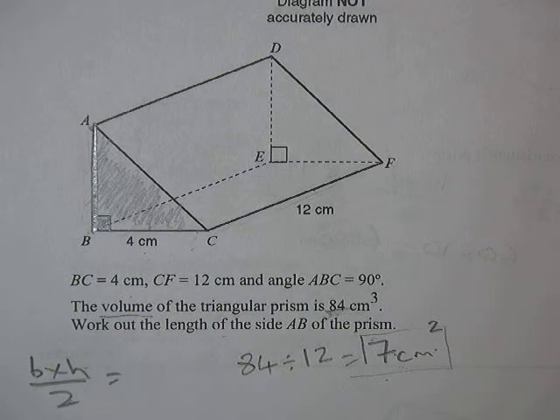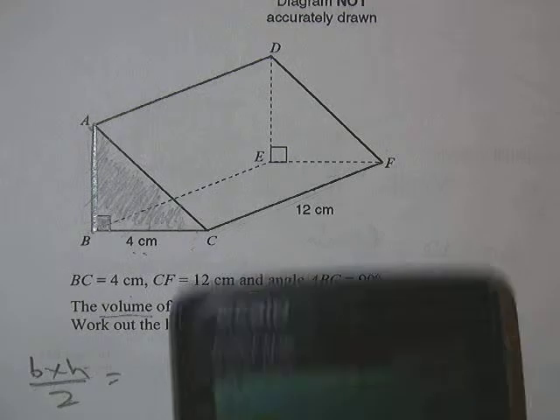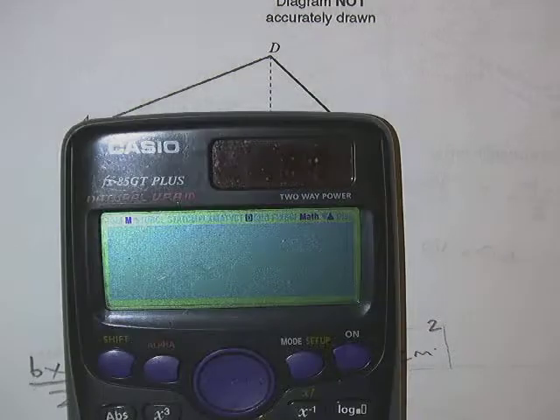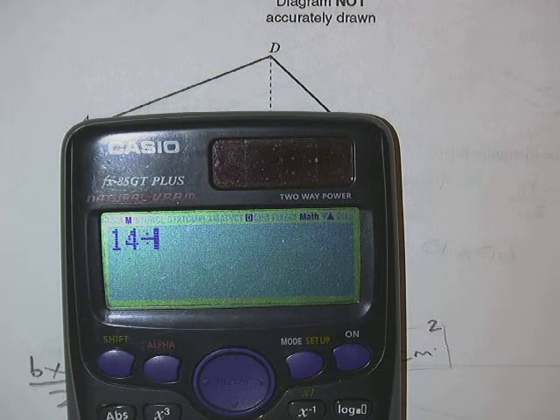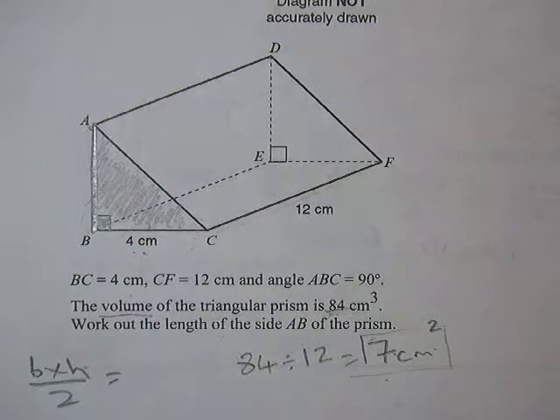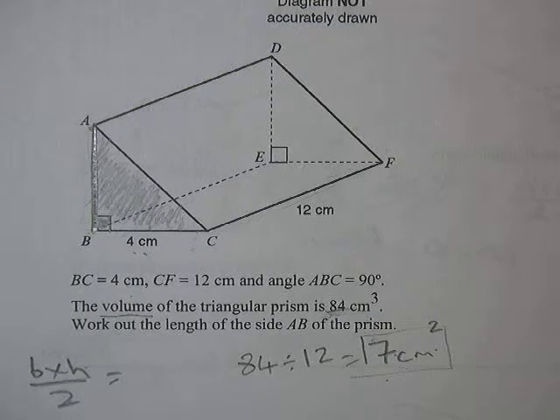So let me explain again. I've got 4 here. 4 times what gives me 14? So on my calculator, I'm going to do 14 divided by 4, which gives me 3.5. So let's watch this. 4 times 3.5 is going to give me 14.